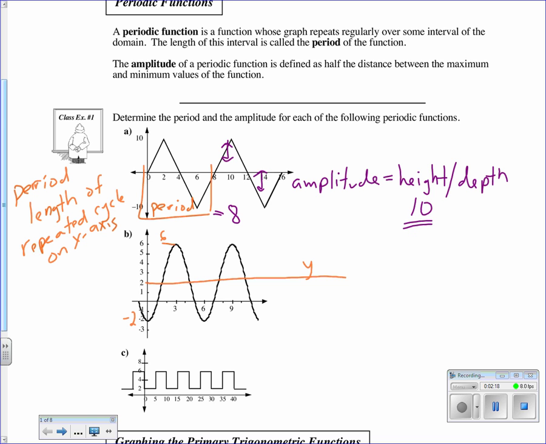So at the y value of 2, I can see a height of 4 and also a depth of 4. So my amplitude is 4.